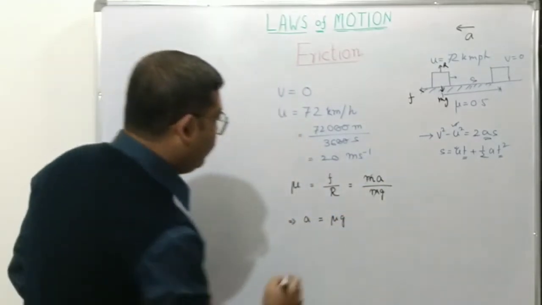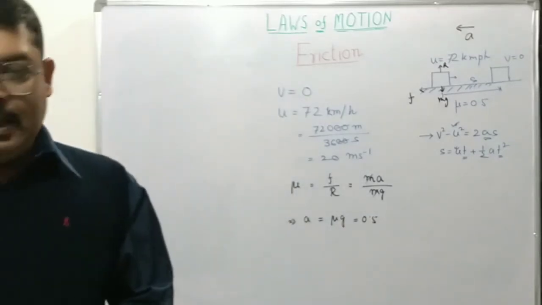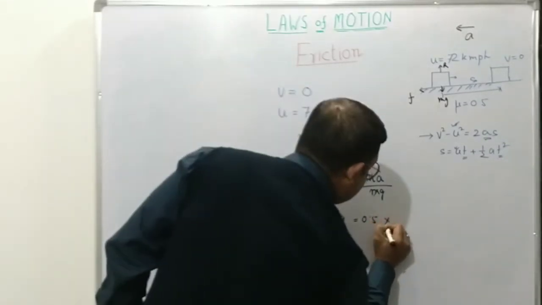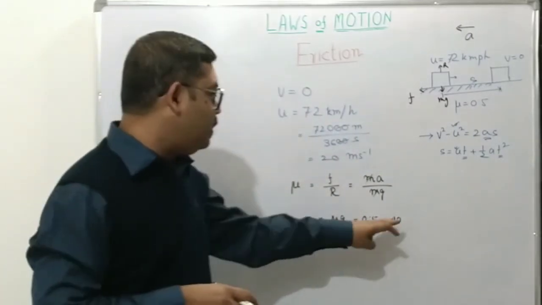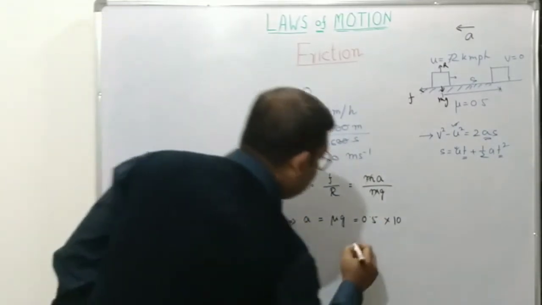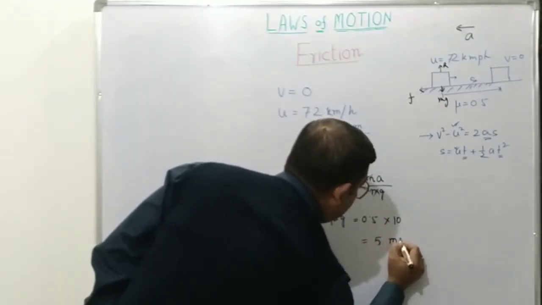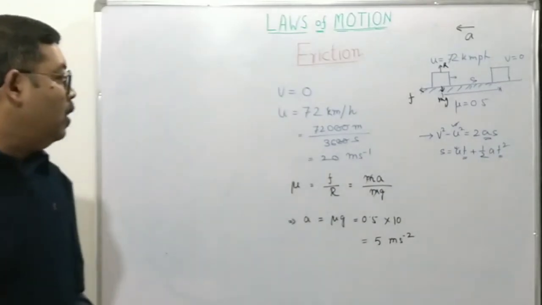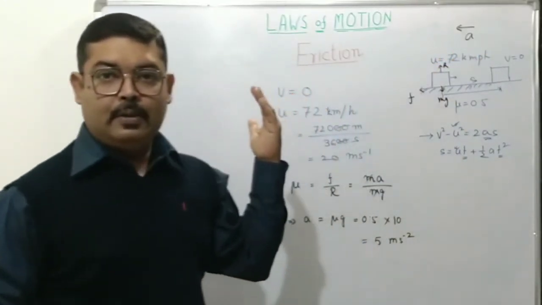Mu has been given as 0.25, and g, for simplicity, let's take as 10 meter per second square, though we know it's 9.8. So we get 2.5 meter per second square. However, this acceleration is in the backward direction.